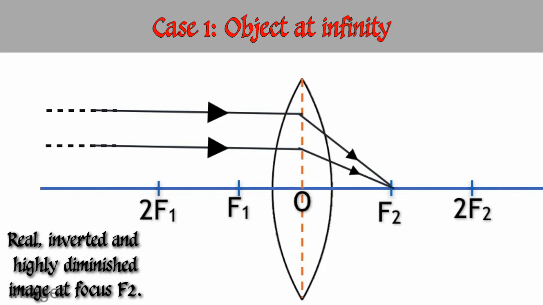Since the rays actually intersect, that is a real image. Real images are always inverted. So, if the object is at infinity, a convex lens provides a real, inverted and highly diminished image at the focus F2.